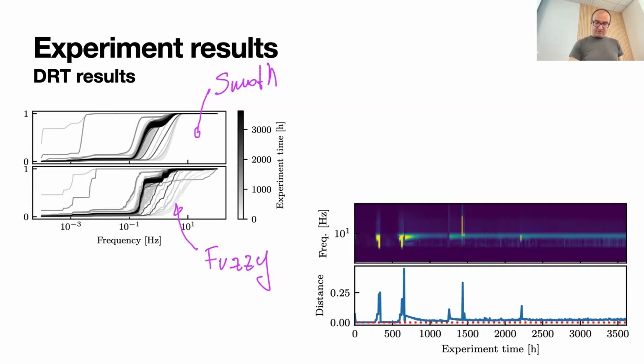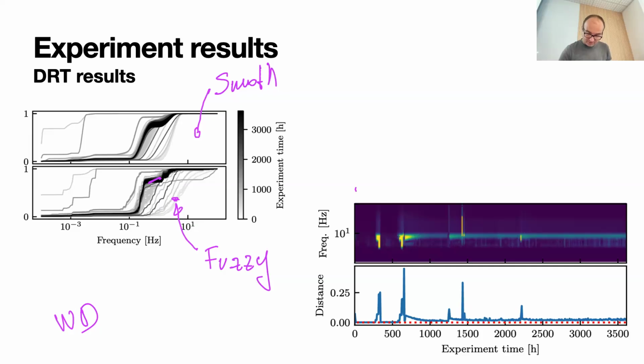The shading from light gray to dark gray represents time. So these ones here are the earliest, and the dark are the last ones where everything degraded. And I can use this Wasserstein distance that is actually built into this result to see in which frequency bands the changes in the DRT occurred the most.